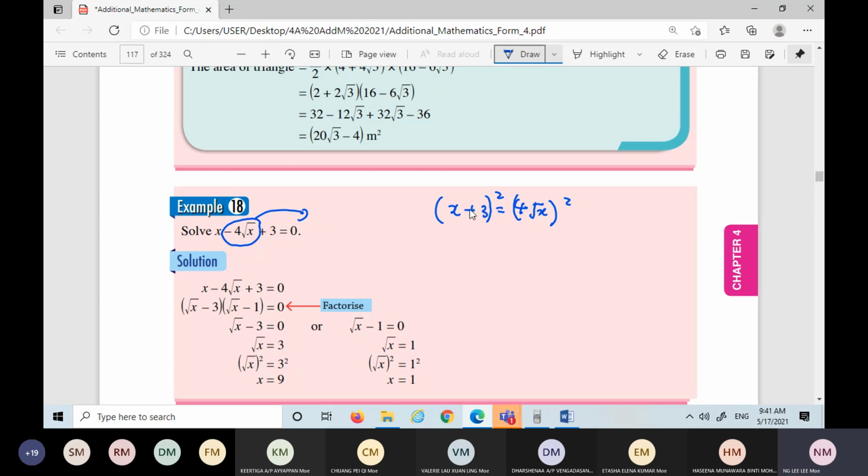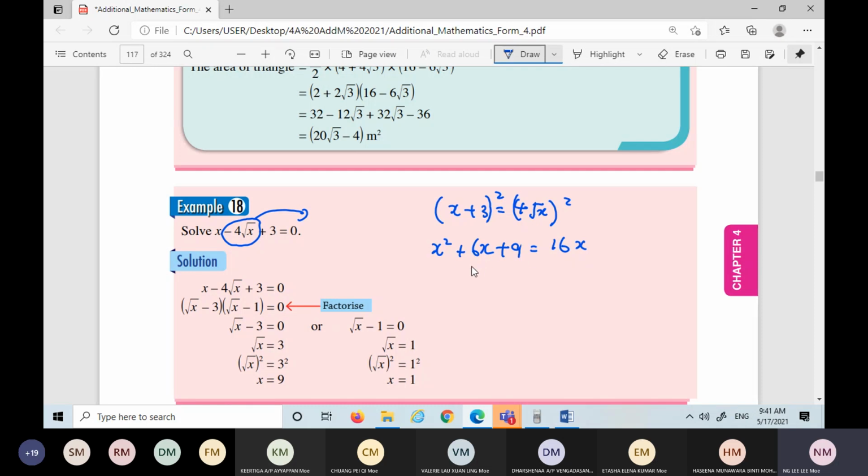Squaring both sides. So this one squared, expand it. 3x times 2, 6x. Then this one squared, 4 times 4, 16. Square root of x squared, so it's x. Now it becomes no more square root. The terms will all become very simple.